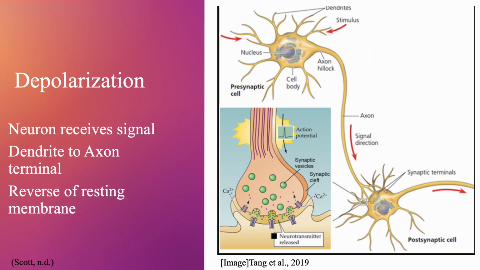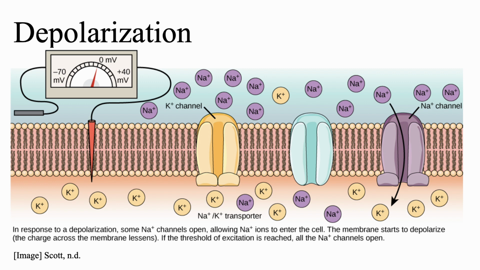To the previous slide, here are the dendrites. So that's where the neuron will receive the signal. The ion channels, as a result, will open on the neural membrane.